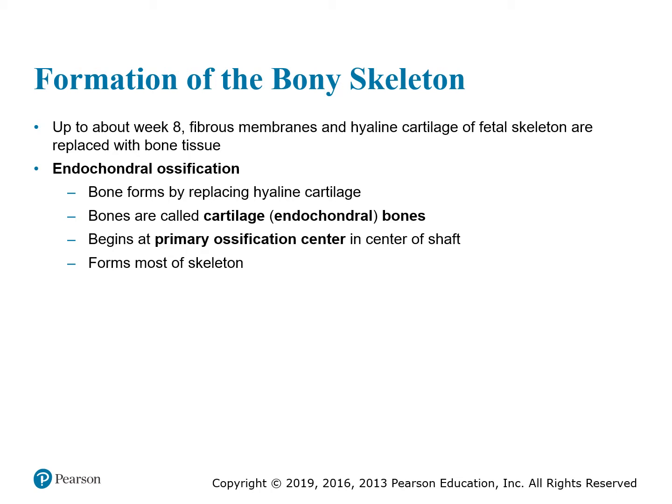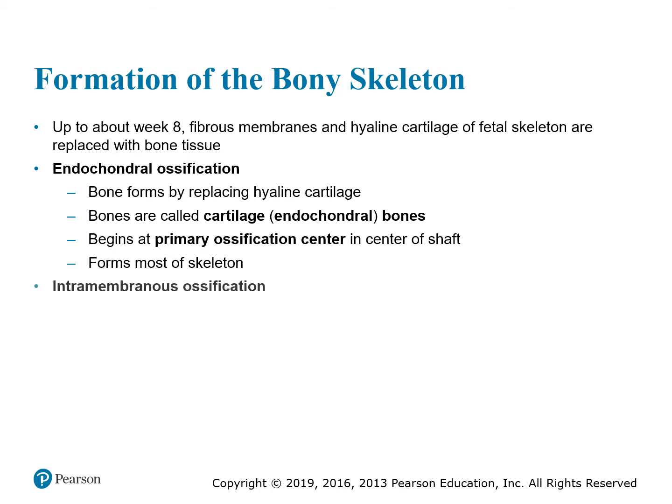Chondral or chondro refers to cartilage, so endochondral literally means within cartilage. These types of bones are called cartilage or endochondral bones, and this ossification begins at a primary ossification center in the center of the shaft or diaphysis of the bone. These types of bones form most of the skeleton.